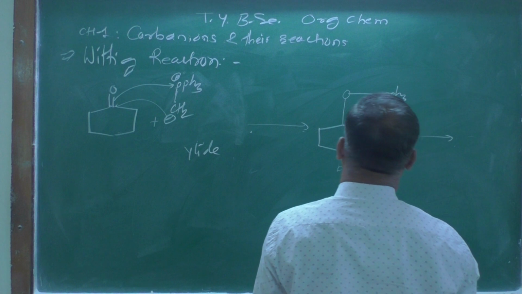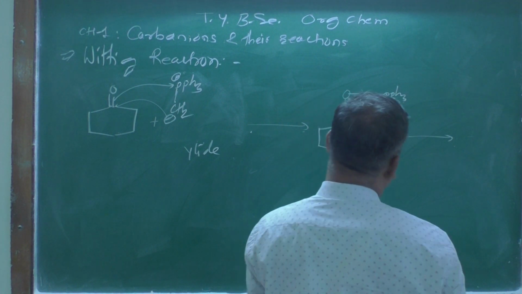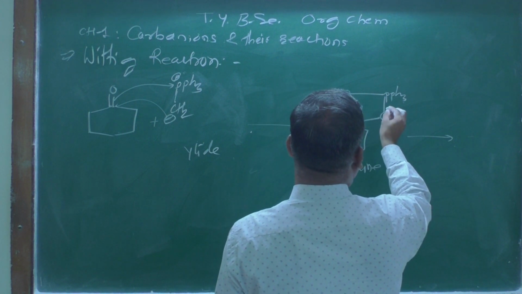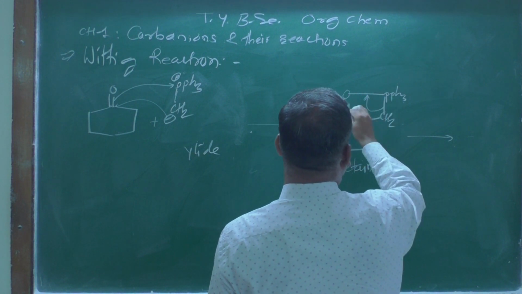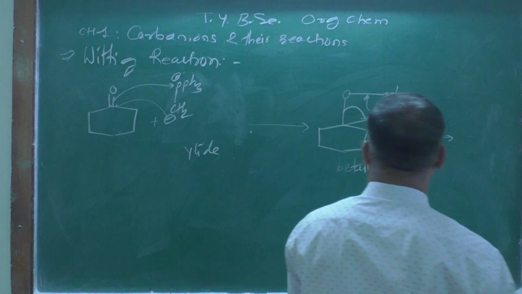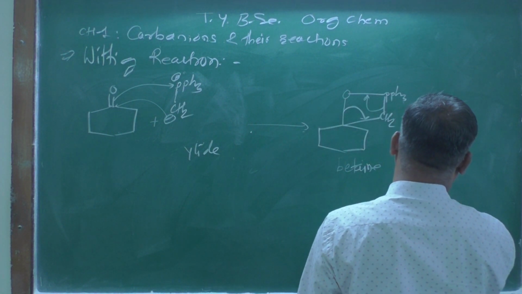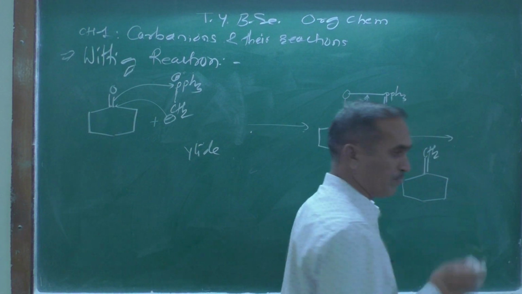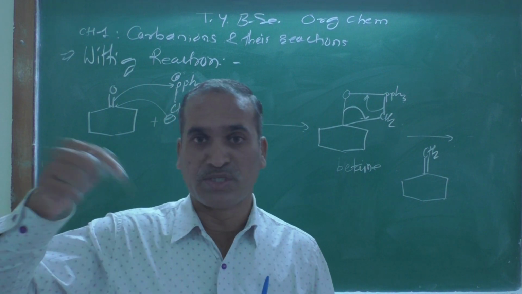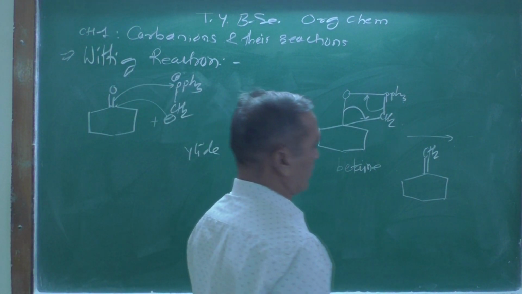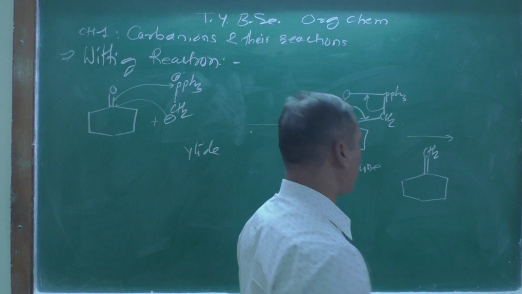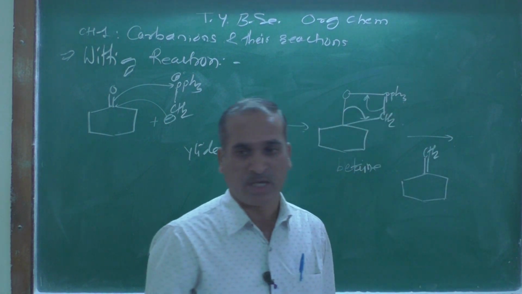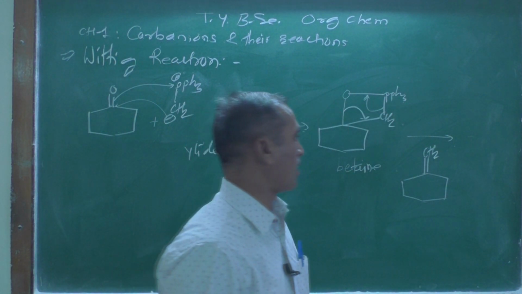And for that betaine intermediate, the driving force is that the affinity between phosphorus and oxygen is great, and therefore there is a formation of a double bond over there, so the resulting compound obtained has a double bond, C=CH2. Inserting a carbon-carbon double bond is otherwise highly difficult, but due to the Wittig reaction we can easily introduce the carbon-carbon double bond.